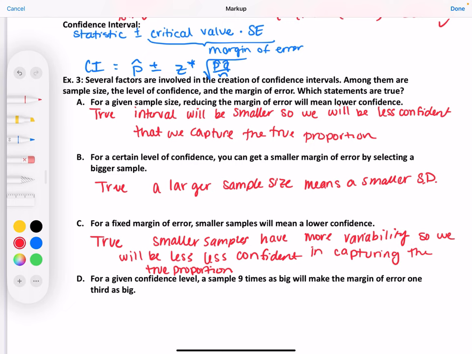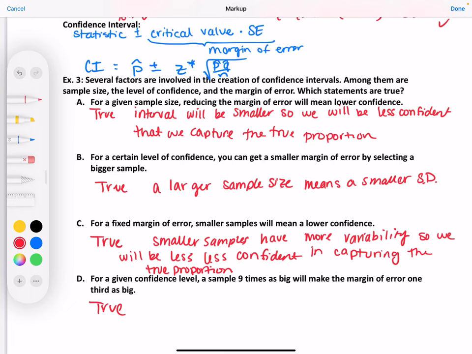All right, this next one you're going to have to think mathematically a little bit. For a given confidence level, a sample 9 times as big will make the margin of error 1/3 as big. This one is true. Do you know mathematically why?